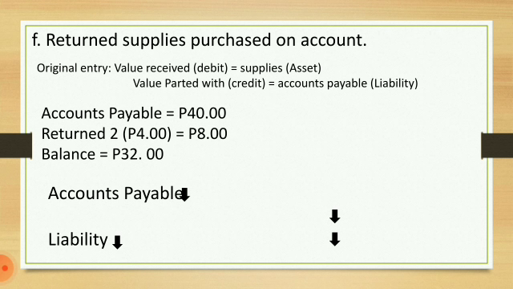So what happened to your liability? It is also decreased. Now going back, just to check, when you decrease the liability, which side are you going to record the amount? Is it in the debit side or in the credit side?